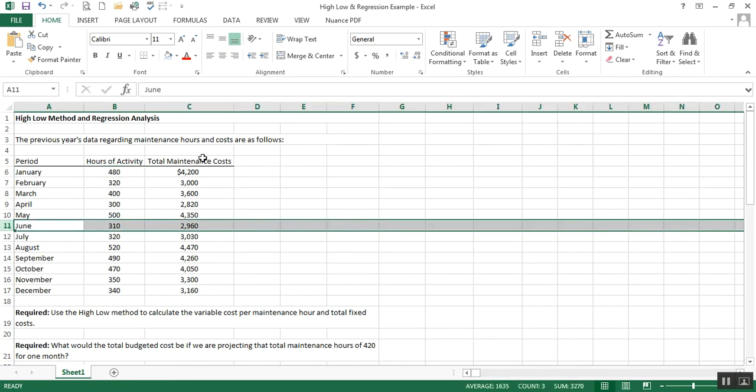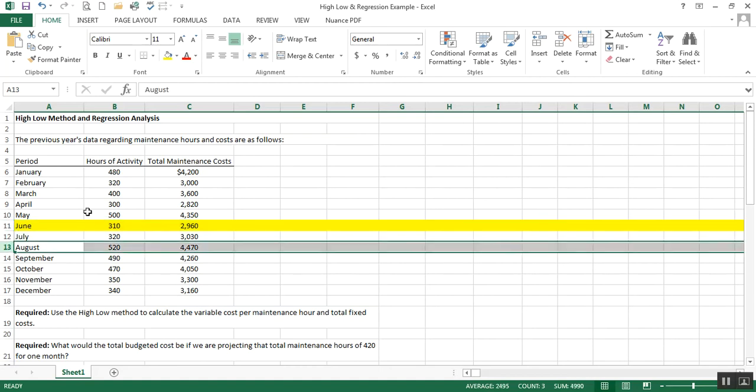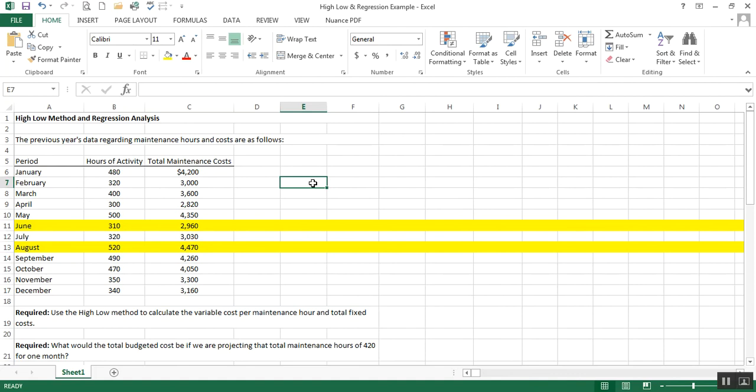Scanning real quick, it looks like June is going to be our lowest, and August is going to be our highest. Because our variable cost is cost per hour of activity, we're going to do cost on top and hours of activity on the bottom.